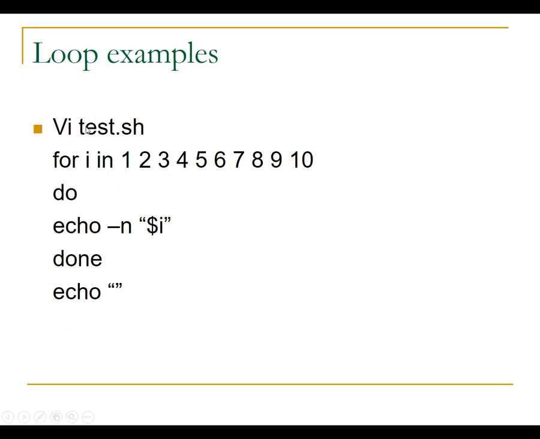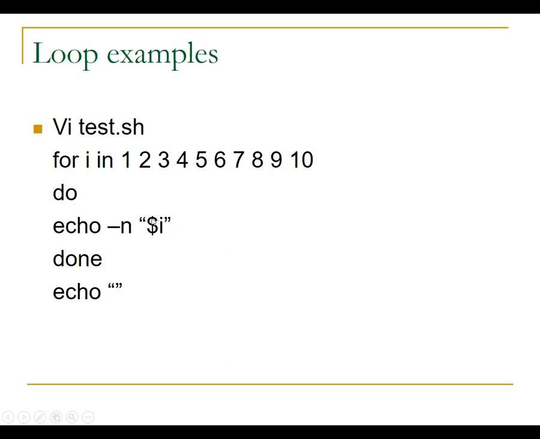For that I have created a new file. In the file I have written for i in 1, 2, 3, 4, 5 up to 10, then do repeats. In every repetition it prints, that means to print the value in Linux there is a statement called echo. For printing the value on every new line, -n I have used and $i is there, which is ultimately the value between 1 and 10.